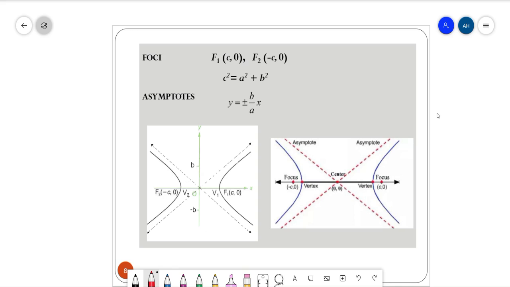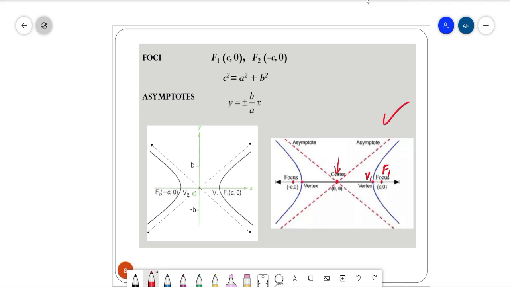Now let's refer to this graph. This is the center, that is the point 0, 0. To the right we have our v1. This focus point we label as f1, and the coordinate will be c, 0.